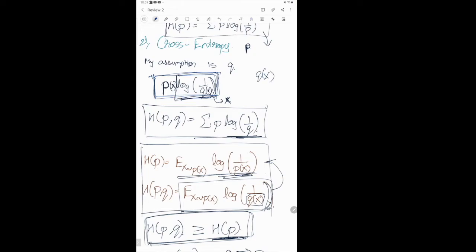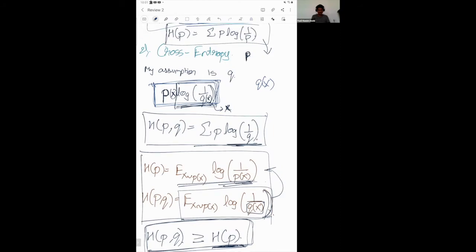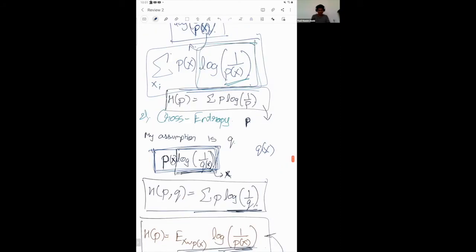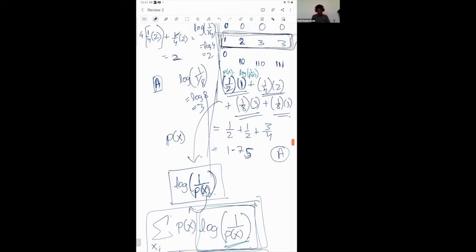What you are essentially doing is you want to fit in as much information as possible in the least amount of bits required, and what Shannon has provided is the lower bound: you cannot do less than log of 1 by p of x.